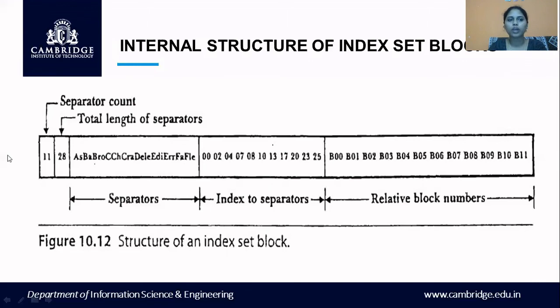If we know the separator count, we can divide the separators into half so that it will help us find out where our element is. Whenever you are searching for a particular separator or record using binary search, you need to first divide it into half, and for that you need to know the separator count. So this field helps us in the process of searching.